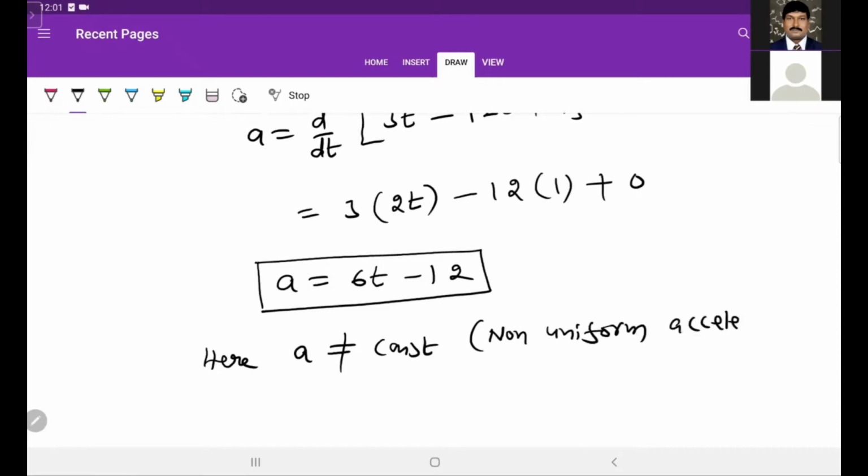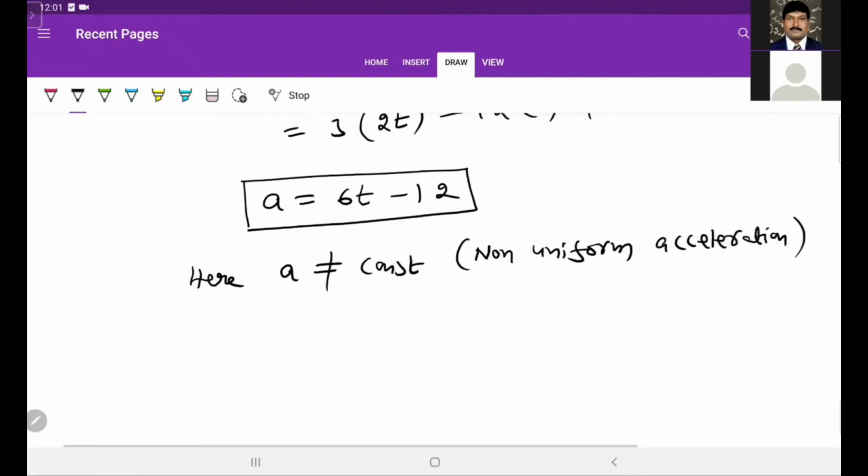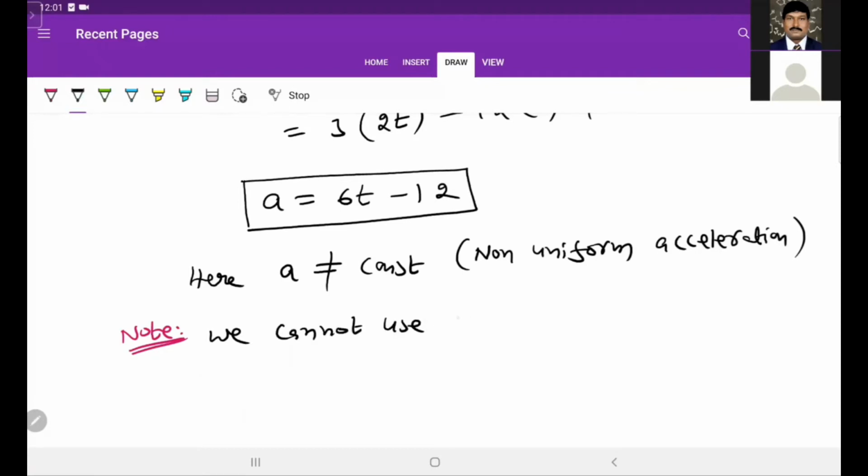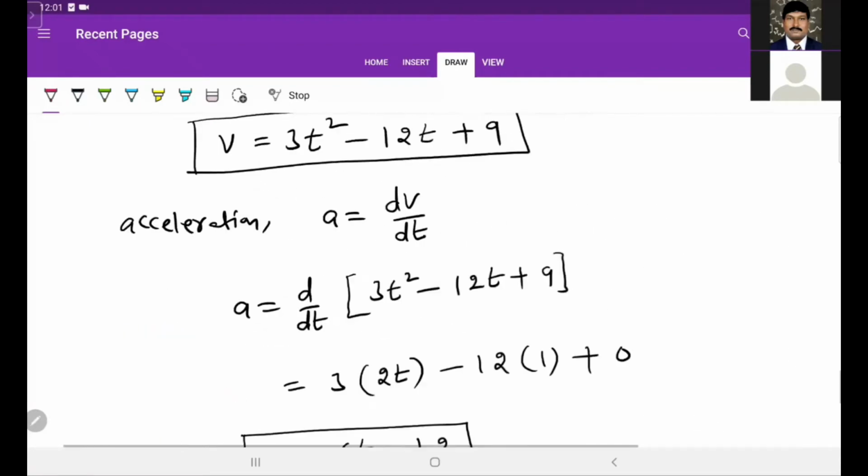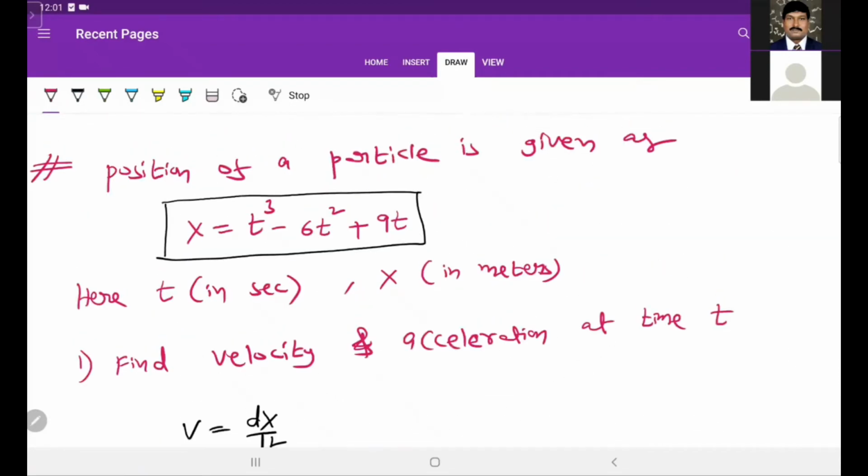Note, we cannot use kinematic equations because the acceleration is not constant. So this is the position of the particle.